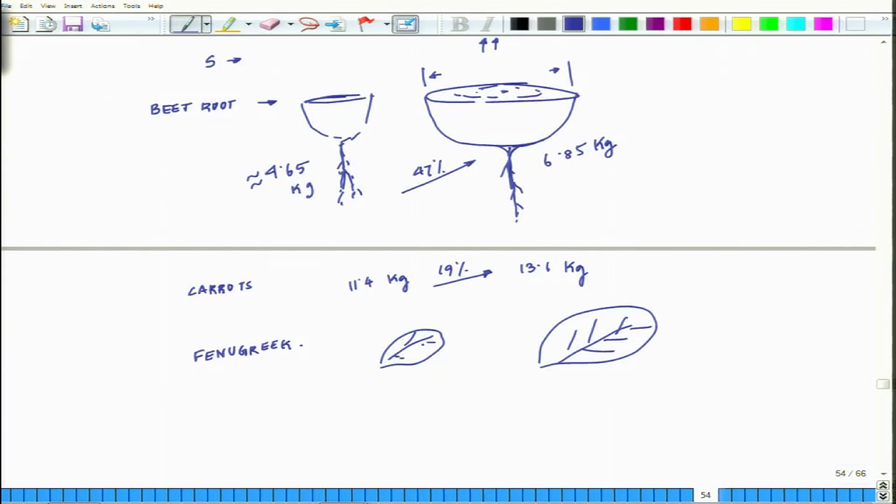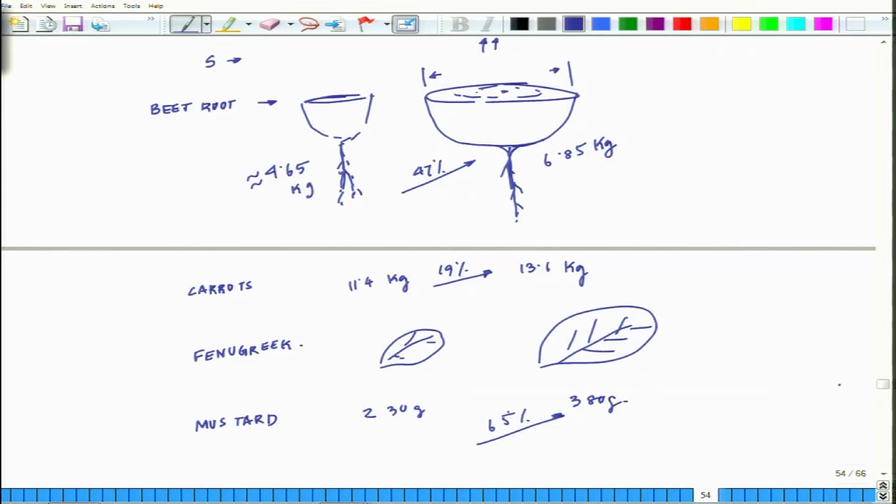Similarly, in the case of mustard, approximately a 65% increase in yield was observed. Here we are talking about an oil seed, 230 grams for control, whereas in the treated case it is 380 grams. So, it is a 65% increase in mustard.